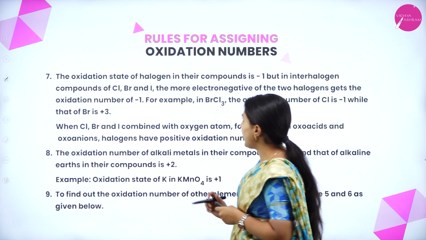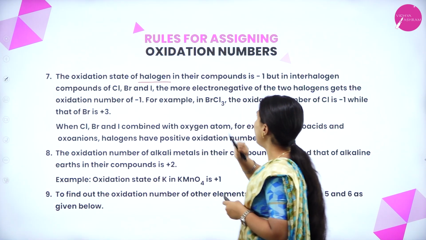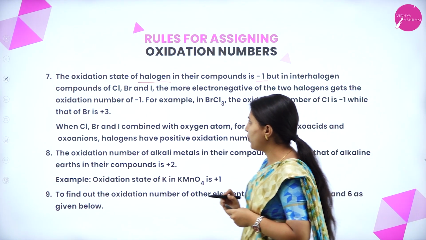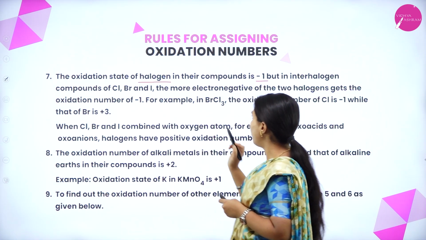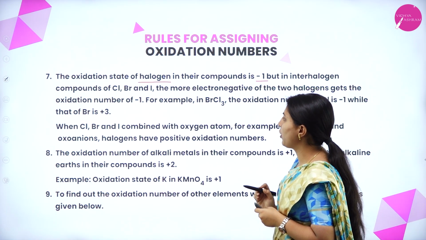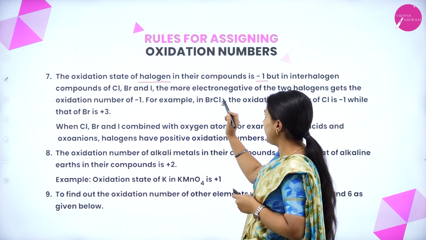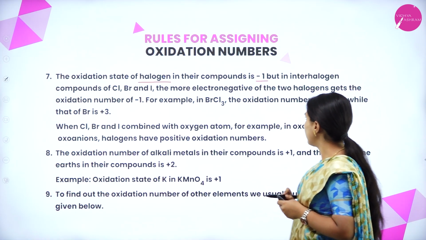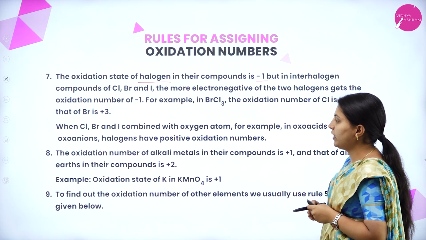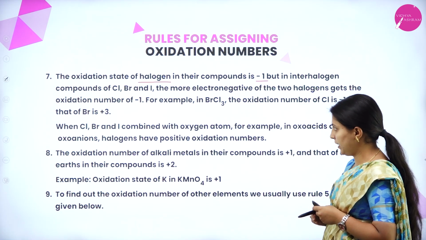The oxidation state of halogens in their compounds is -1, but in interhalogen compounds of chlorine, bromine, iodine, the more electronegative of the two halogens gets the oxidation number of -1. For example, in BrCl3, the oxidation number of Cl is -1, while that of Br, that is bromine, is +3.